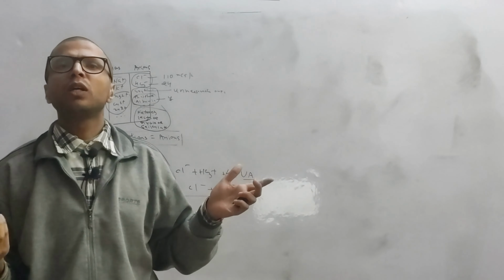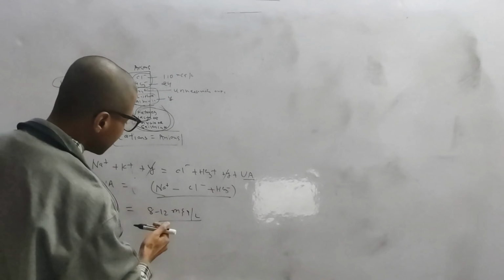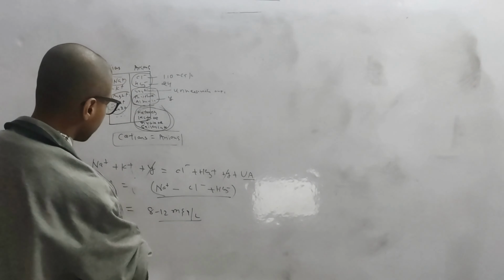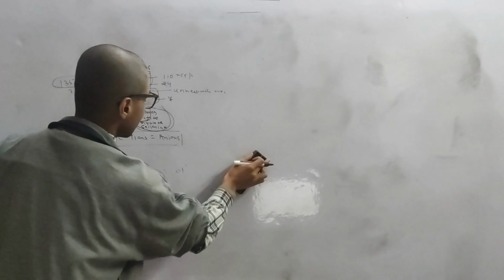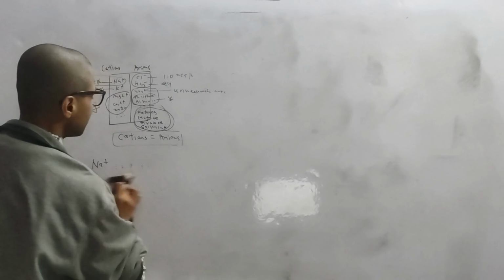But in disease states, extra anions are added in the blood, so the anion gap increases. Normally it's 8 to 12, but if it is greater than 12, we call it high anion gap metabolic acidosis.